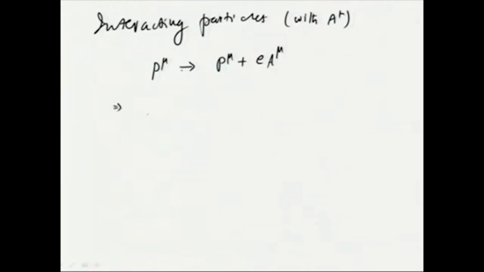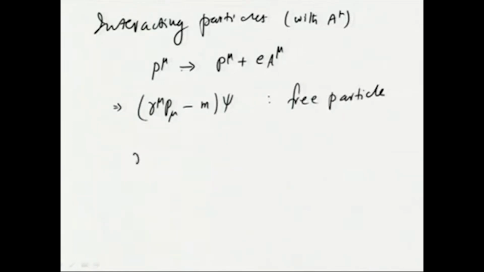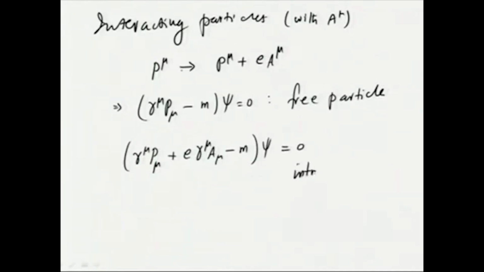This gives gamma mu P mu minus m psi for a free particle, which is changed to gamma mu P mu plus e gamma mu A mu minus m psi equal to 0 for interacting particles.